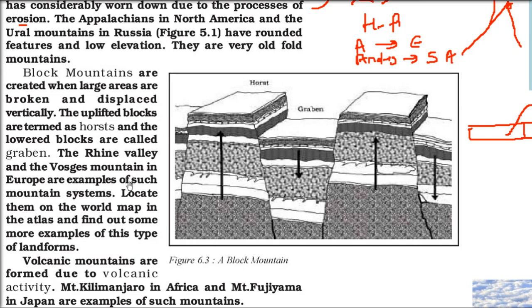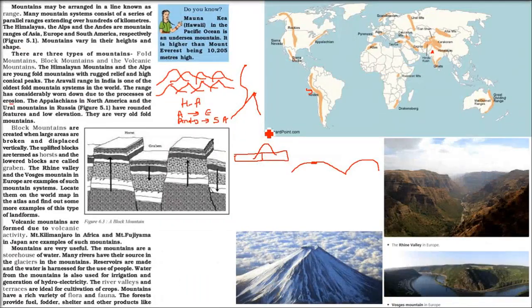So we have two examples I am going to show you, the Rhine Valley and the Vosges Mountain in Europe, which are examples of block mountains. But before that, let me explain.